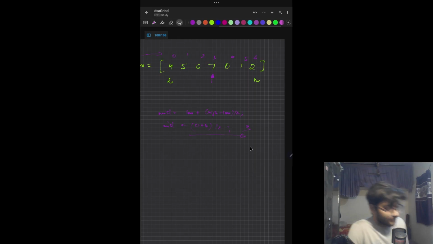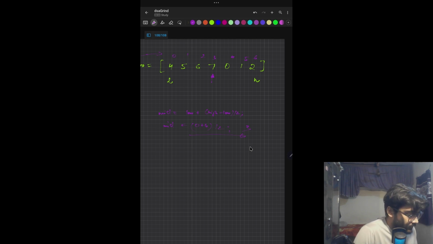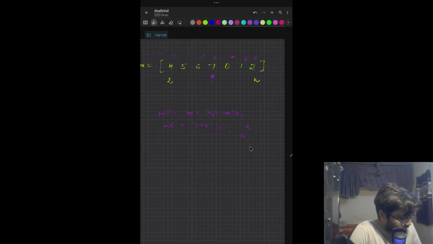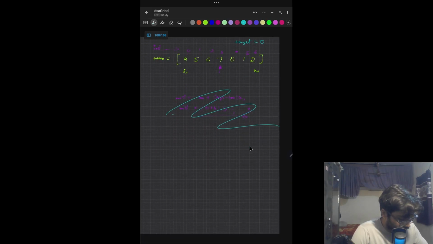Cool. Now the real logic comes here. First of all, we would compare it with our target. So target was 0.